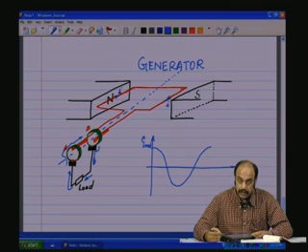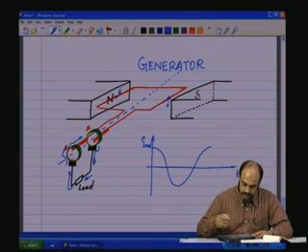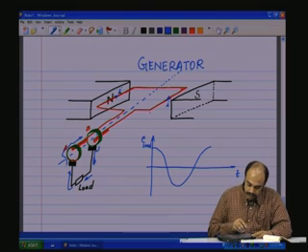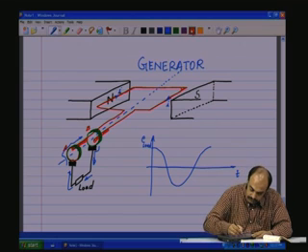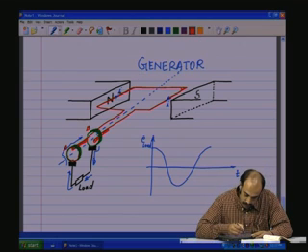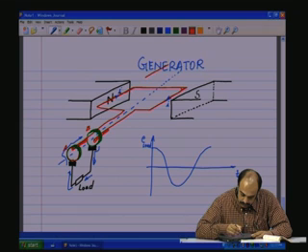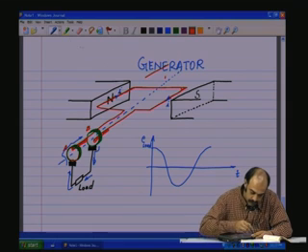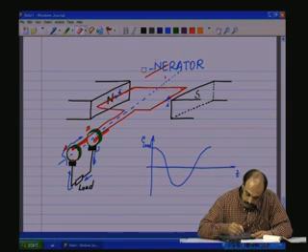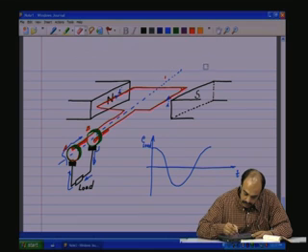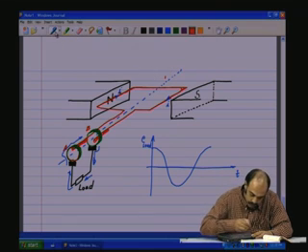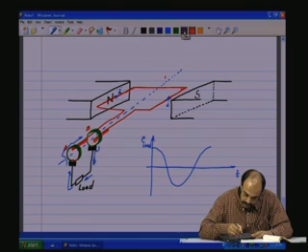So, when the flux is in this position, the position which is like this, let me remove all these things, let it be easier for you. Now, I will show it in a different color.